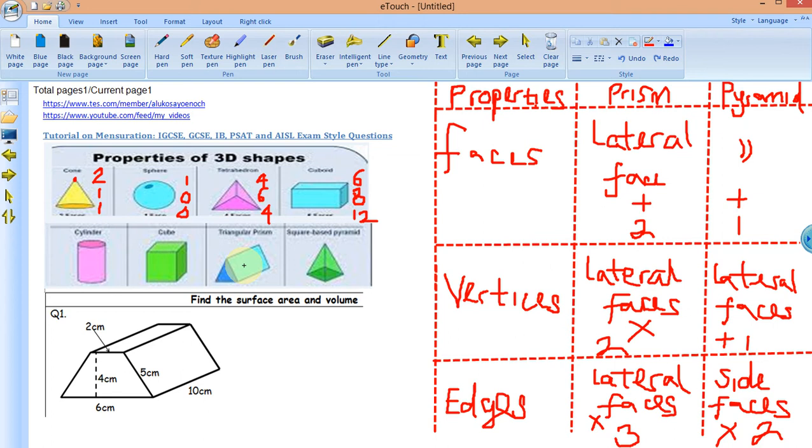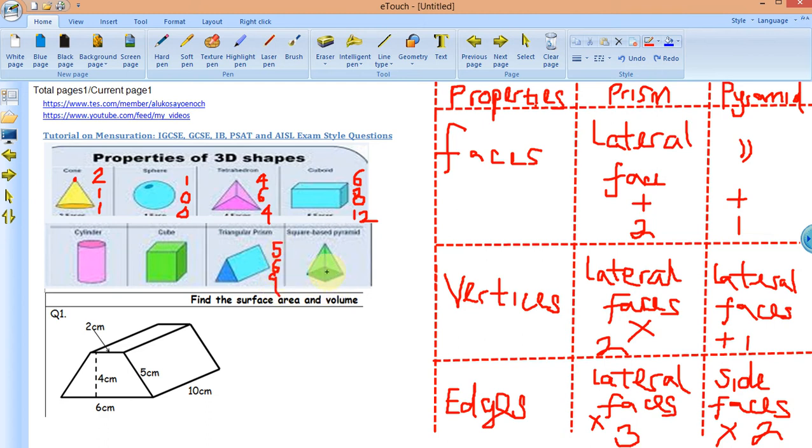So 3 plus 2, that is 5. So the total number of faces is 5. Don't forget the side faces is 3. So 3 times 2, that is 6. Then 3 times 3, that is 9. So that means the edges all together is 9, the vertices is 6, and the total faces is 5 altogether.